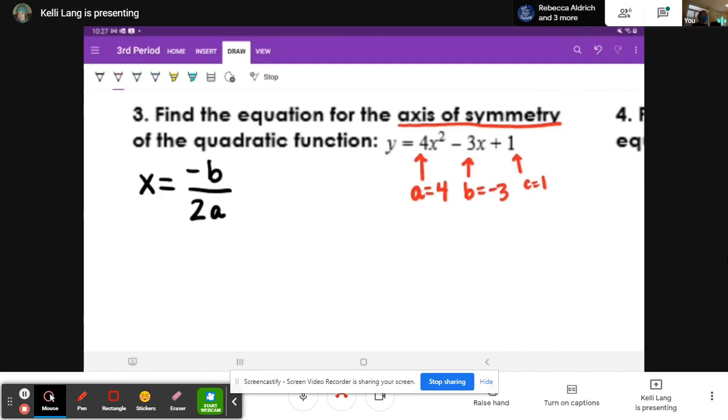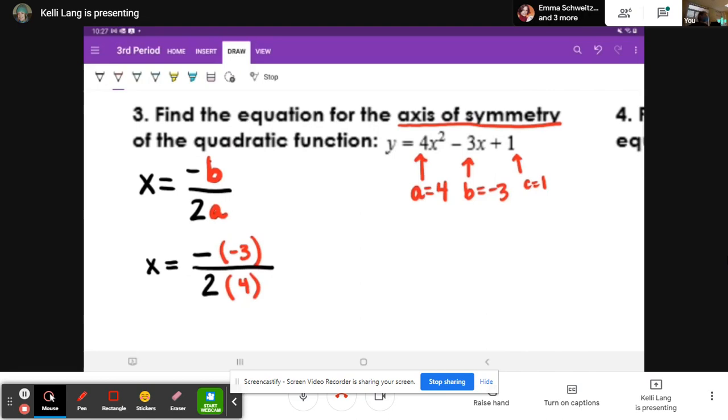We're going to take these number values and plug them in for a and b. Just to be really clear, I'm going to make the a and the b red, so it's very obvious exactly where we're plugging in. If I rewrite this, I get x equals negative (-3) over 2 times (4). Notice that what I'm plugging in, I'm putting in parentheses.